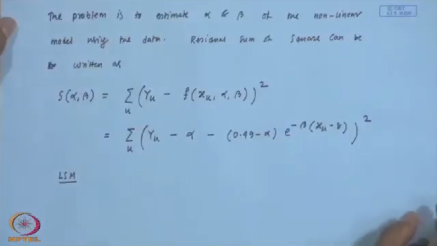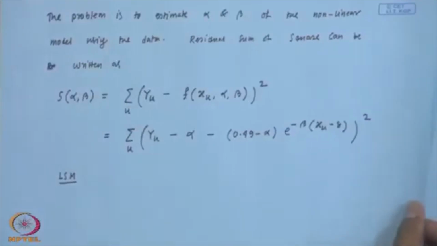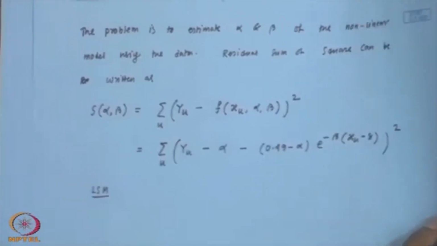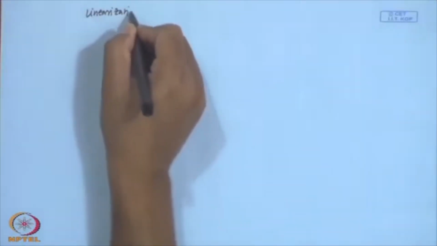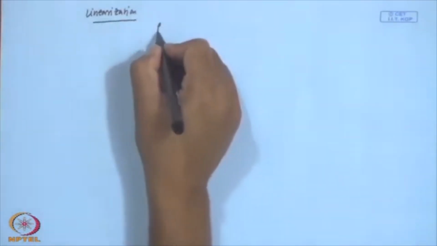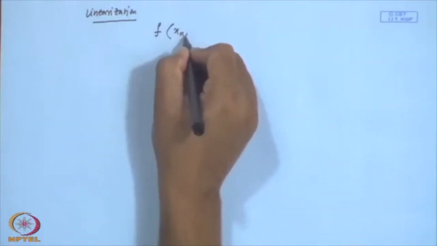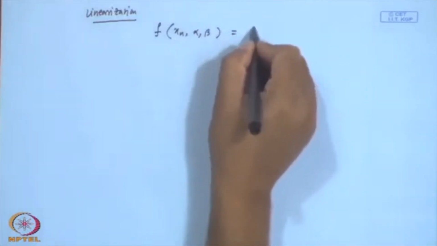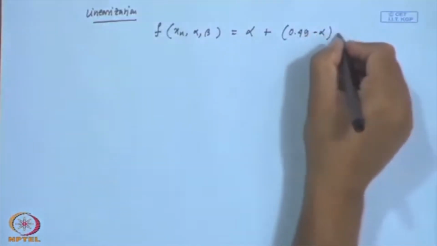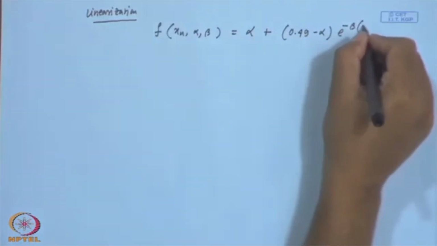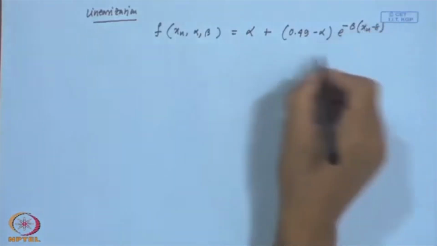The Taylor series involves the derivative of this function. Let me write down. This is called the linearization. So, we linearize this function f of x_u, alpha, beta, which is equal to alpha plus 0.49 minus alpha, e to the power of minus beta x_u minus 8.